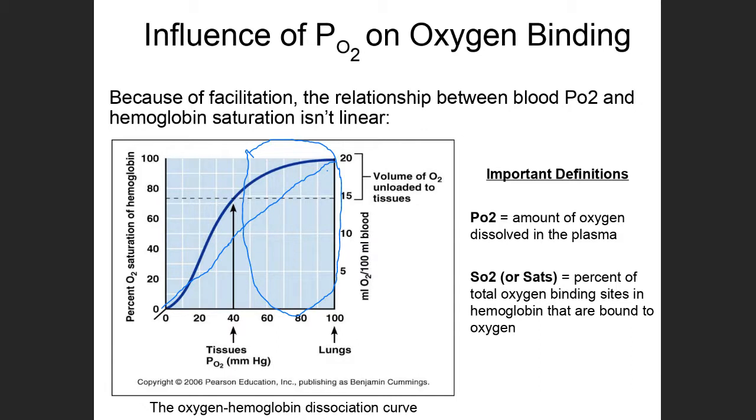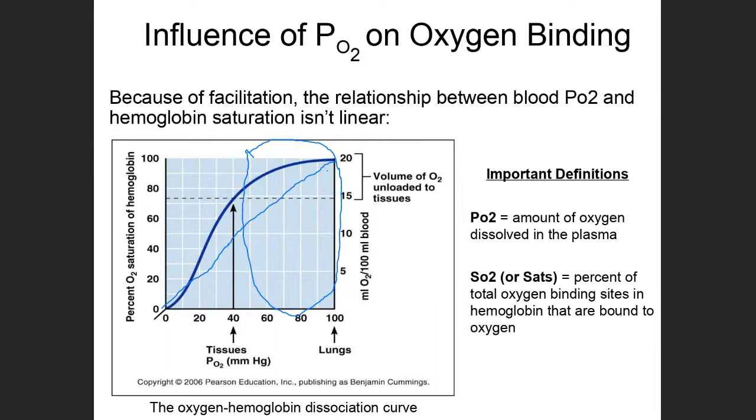So we can basically halve the amount of oxygen that's in the plasma and only get a 15% drop in the percentage of sites in the red blood cells that are actually bound to oxygen. So when oxygen levels in the plasma are relatively high, hemoglobin holds on to oxygen very tightly. It's very stingy. It doesn't give up its oxygen. Because of that, the oxygen saturation rate, or the percentage of hemoglobin sites bound to oxygen, is very, very high.